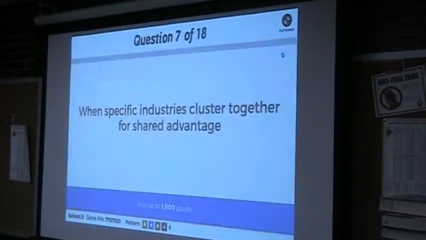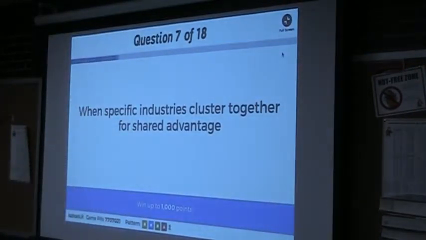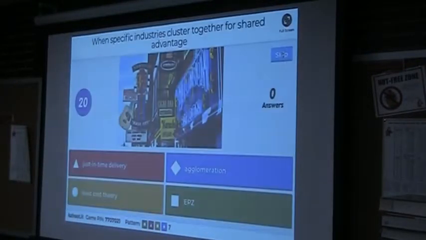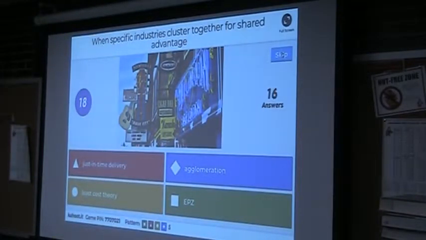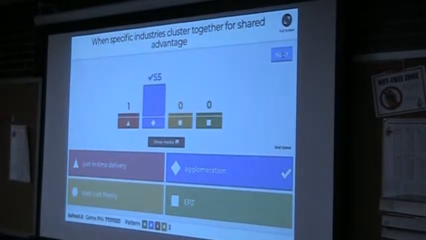Go on. Simple definition here, you gotta know it. All right, very good. That's a new word for you, agglomeration. I feel like you guys know it. Let's move on.